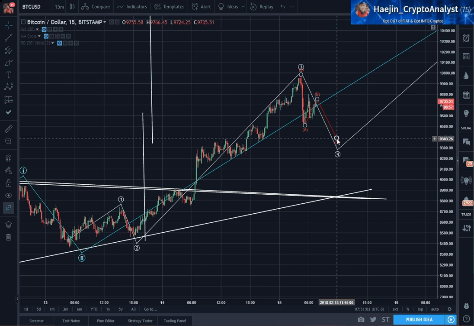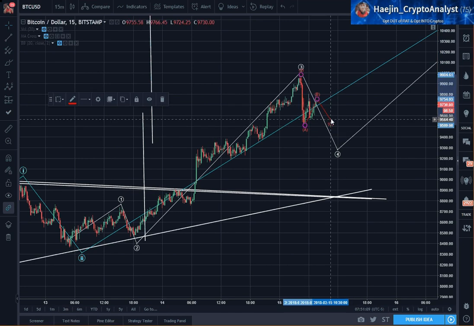C again has to be below A. If the C ends up being above A, then we likely have an A, B, C, D, E process going on. As soon as the price goes lower than A, we've got most likely an ABC zigzag in progress.